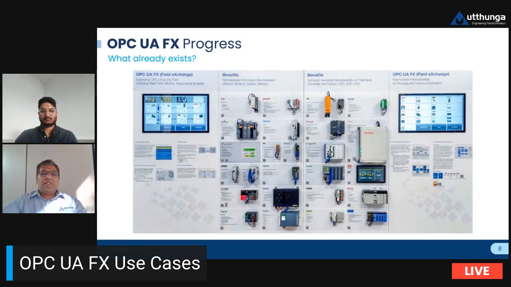It has been demonstrated and is in working condition. Most of the new controller prototypes from all these vendors already support OPC UA FX, and they're preparing to get them certified and release them into the market as well.